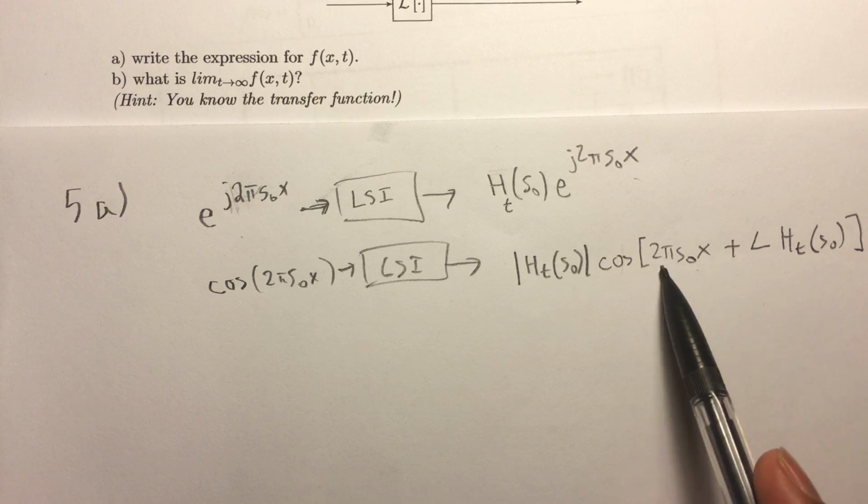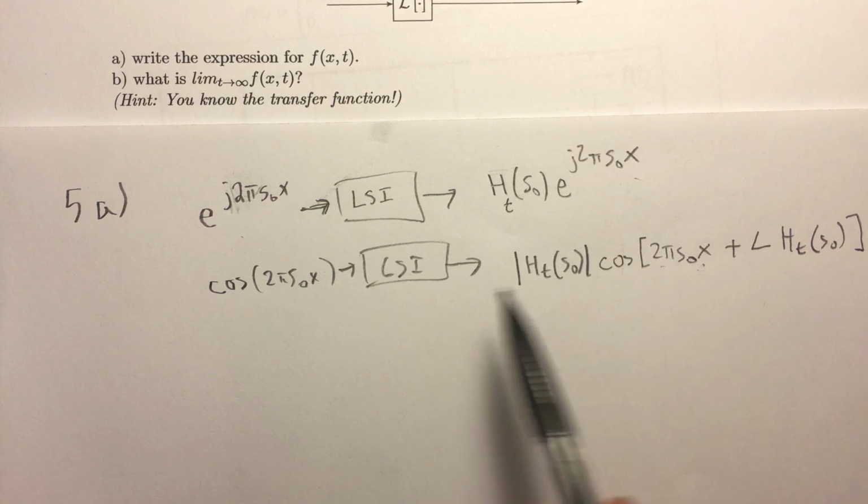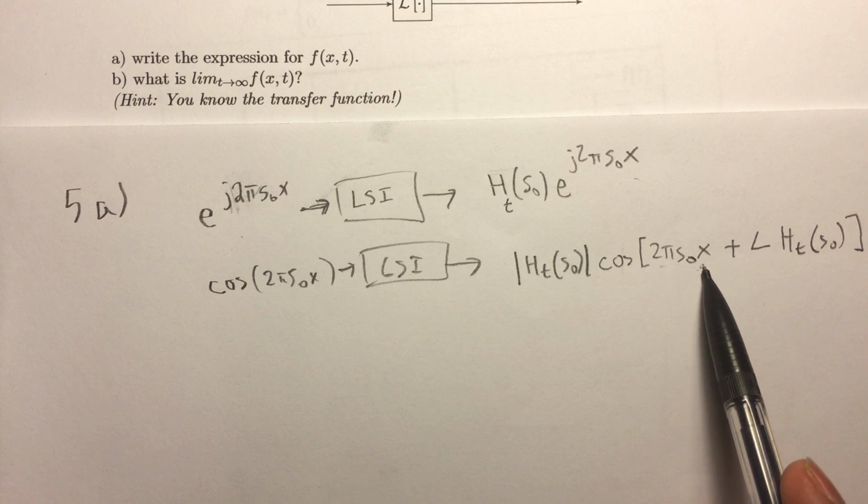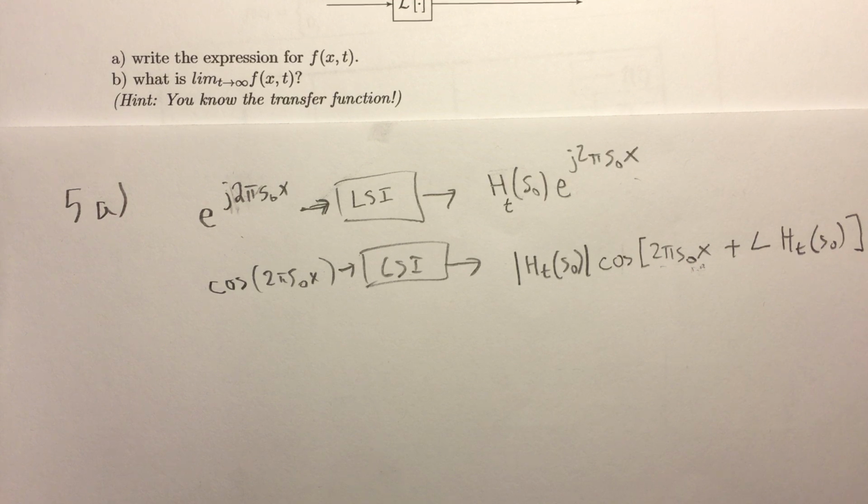And the frequency of the cosine itself doesn't change. So frequency s naught, spatial frequency s naught comes in, spatial frequency s naught comes out.